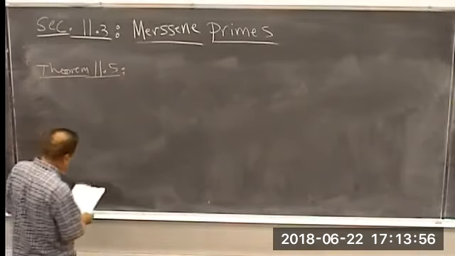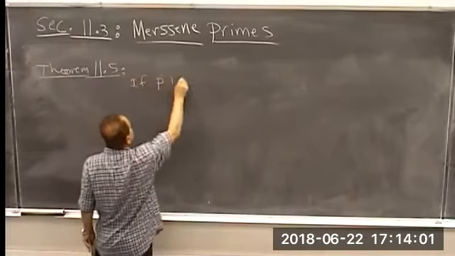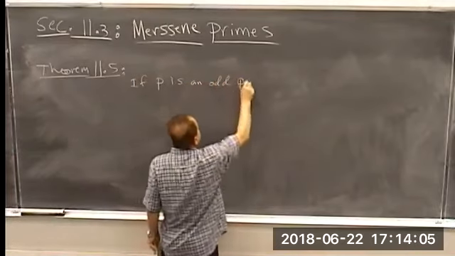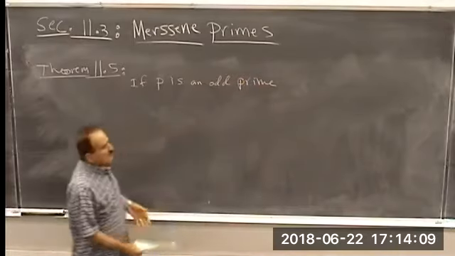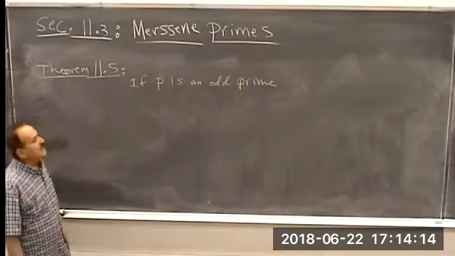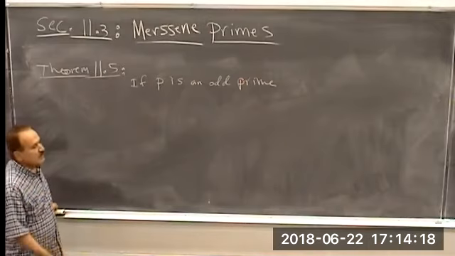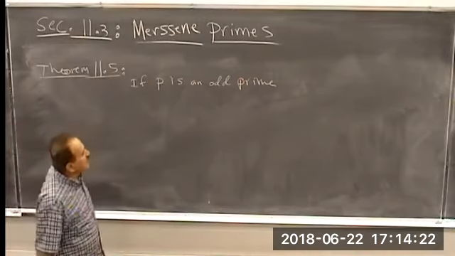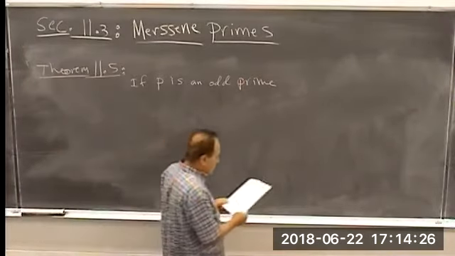It says that if P is an odd prime, of course, the case where P is equal to 2, we are not even discussing that. Even in the previous theorem, we are assuming implicitly that P is an odd prime, because for P equal to 2, the Mersenne number is 3, and it is, of course, a prime. So no big deal. All right?